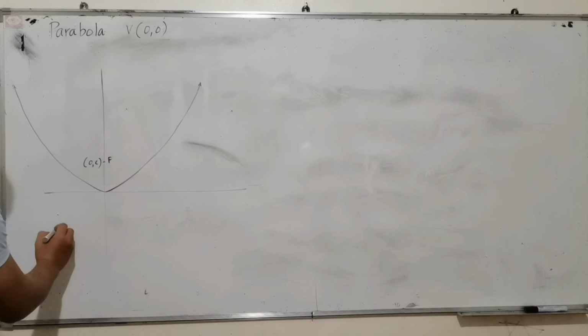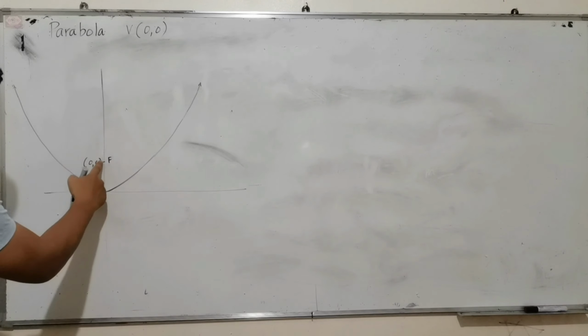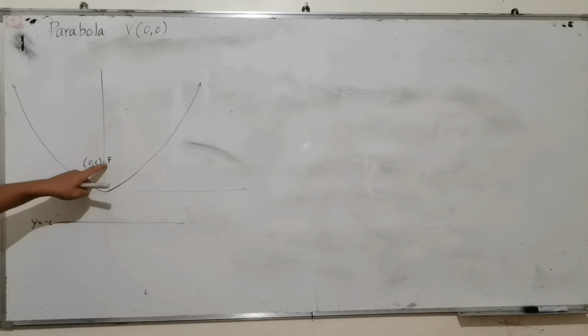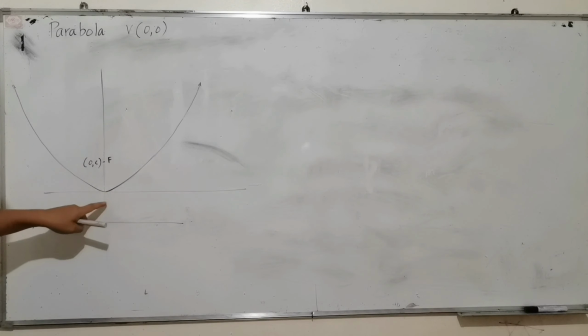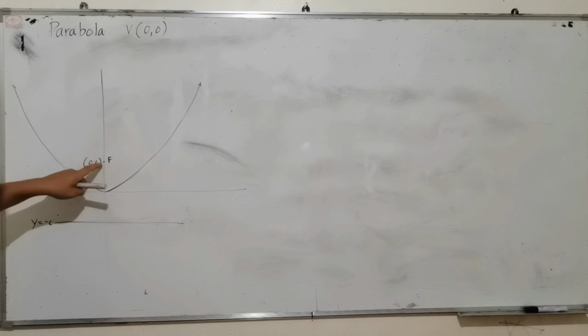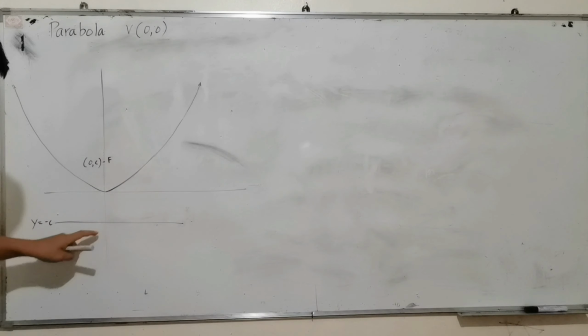And the directrix is the same distance from the vertex as the focus. So of course the directrix will be here. Directrix is a line, and this line is y equals negative c. Since the distance from focus to vertex is the same as from vertex to directrix, and this is c, this one is negative c, right?